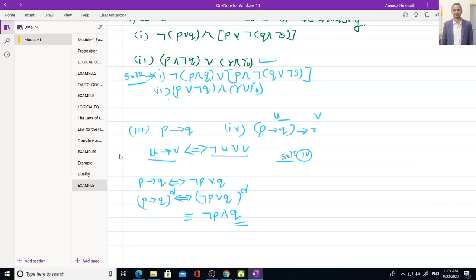This is of the U form, this is V. Now not U means this bracket, not U, and R, where V is R. Now its dual should be formed. We need to find its dual. But inside this we have one more conditional, so let us try to solve that first.